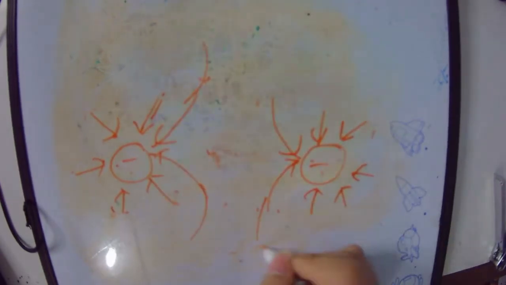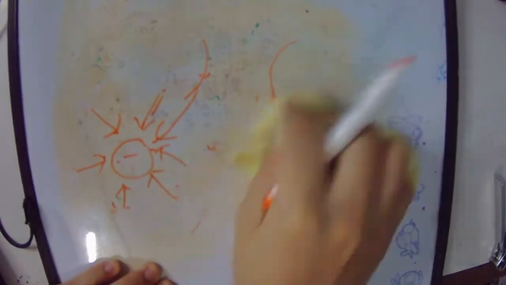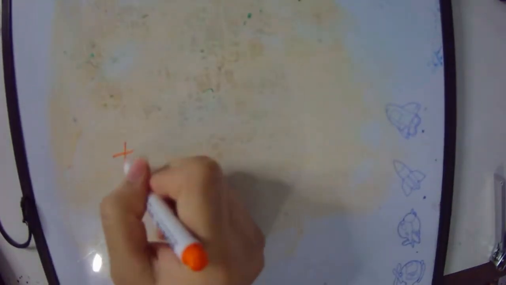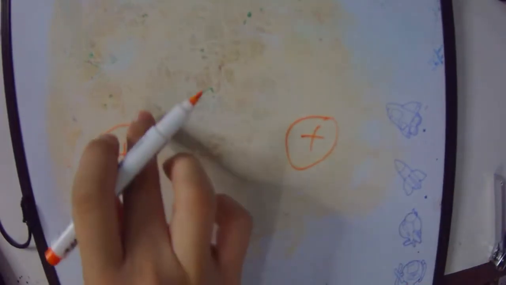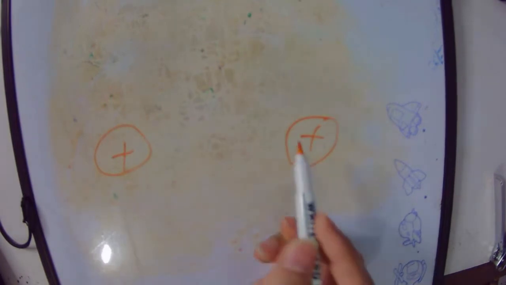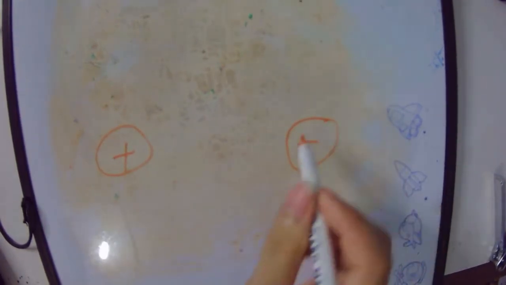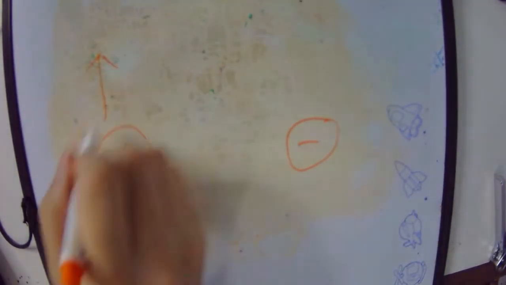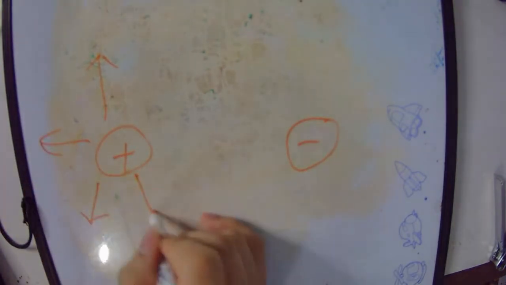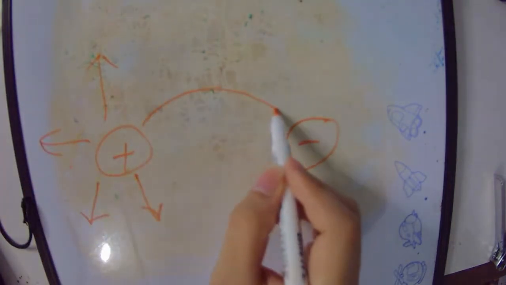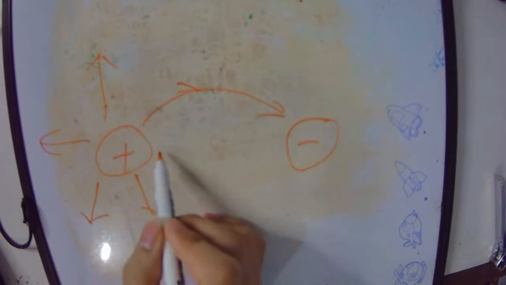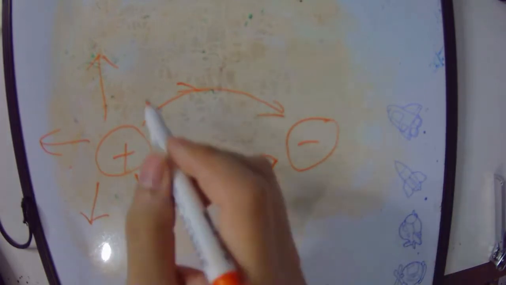So the lines will not meet. Now, if one is positive and one is negative, the electric field lines will combine. Remember, the positive is pushing, and the negative is pulling. And so these two are attracted to each other.